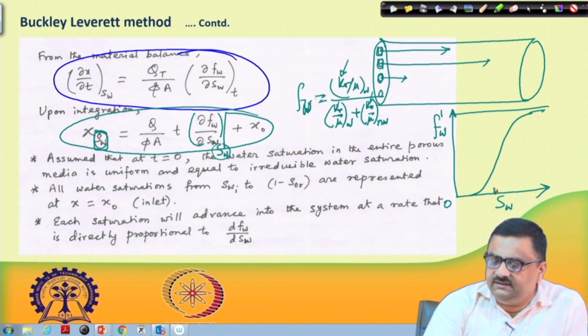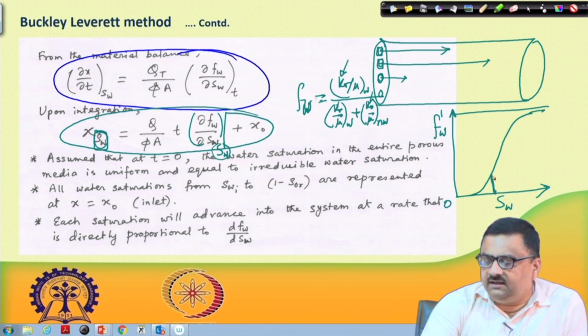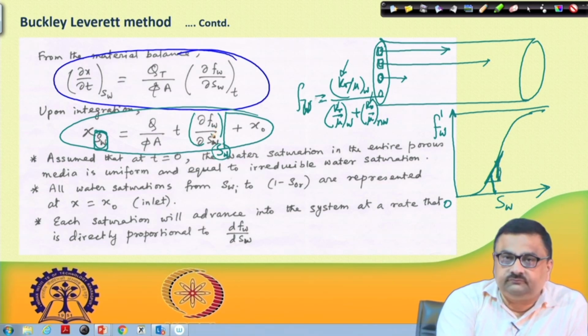Let us say we are looking at this Sw. So, we go up there. This is the fw versus Sw curve, and we draw a tangent there. This gives me the slope, the del fw del Sw. We measure the slope and then put that slope here.